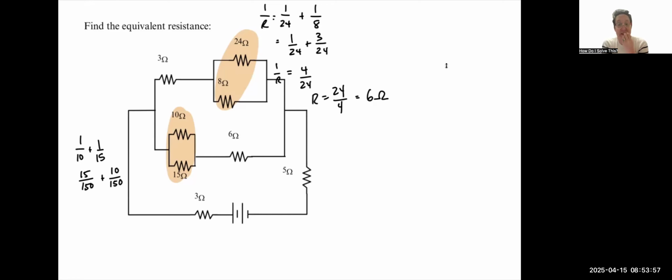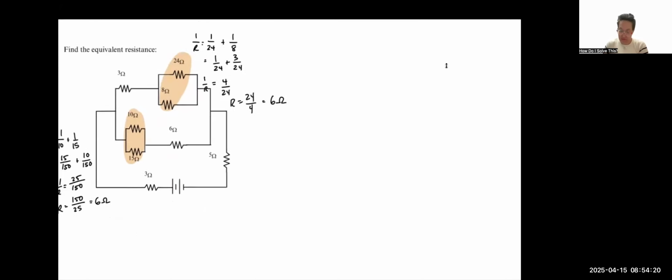For the record, 30 is actually the lowest common denominator here, but it's not what I would see, and I'm okay with that. It's just not how my brain works. So I end up with 25 over 150 as 1 over R. So R is 150 over 25, which last I checked is also 6 ohms.